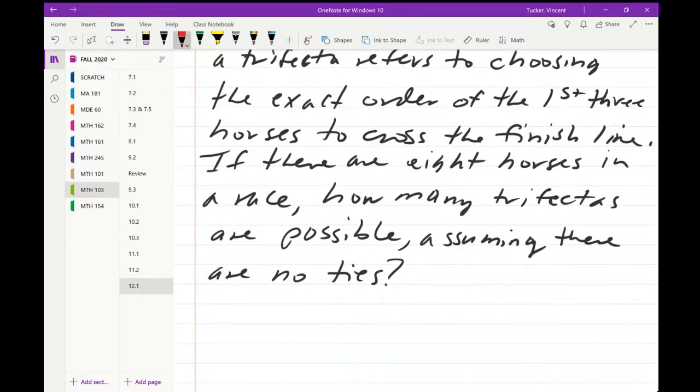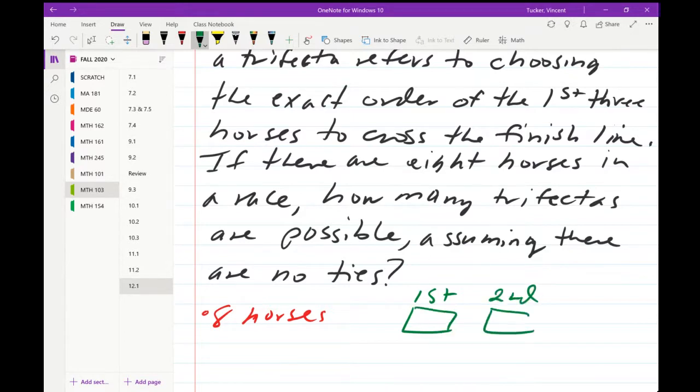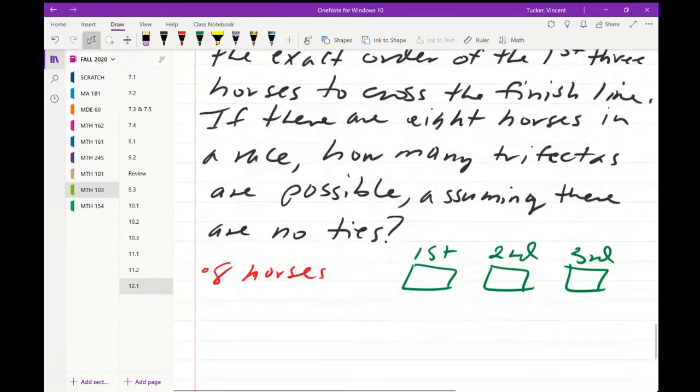All right, so there are 8 horses, and we have first, second, and third place. I want to figure out how many different ways I could choose for first, second, and third place.